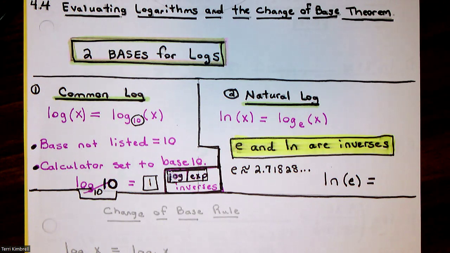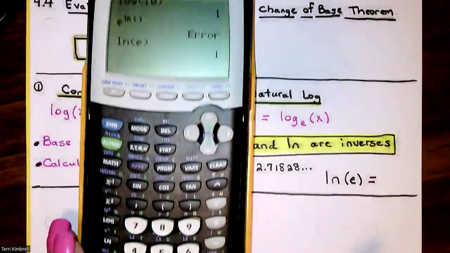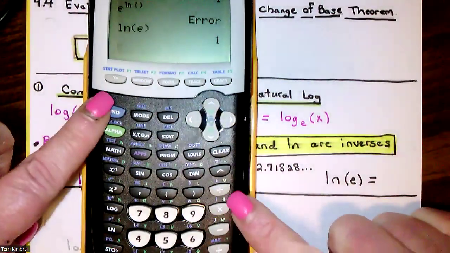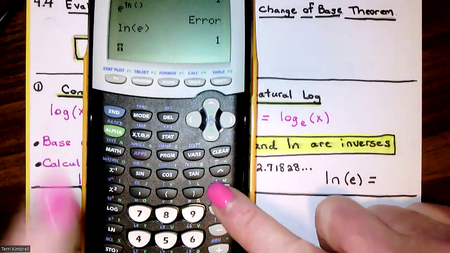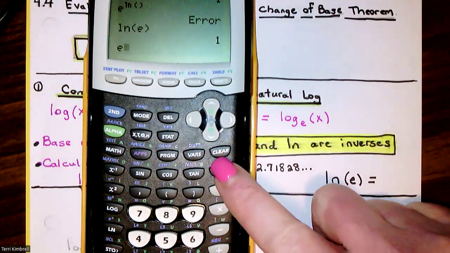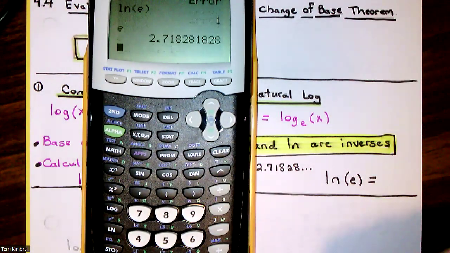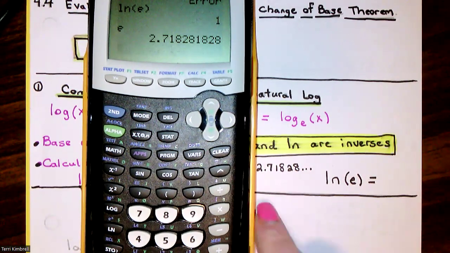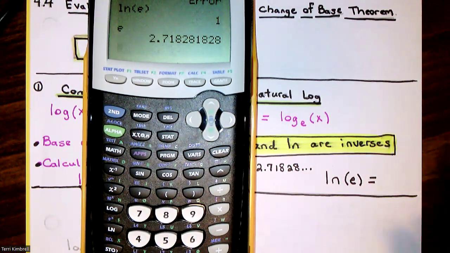It's irrational, just like pi. When we looked at e in the calculator, if you remember, it was on the divide button. So when you did the divide right here, you could have used e, which was second divide. You can type that in and you would see the approximate number value there.